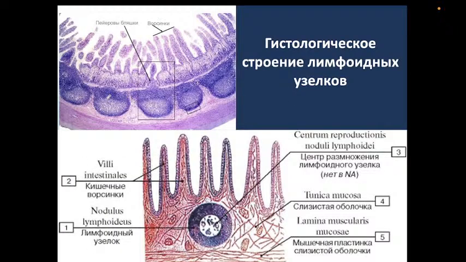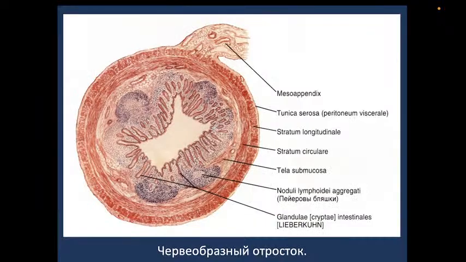And if we take a look at the histological structure, we find the same follicles in the mucosa as we saw in tonsils. That's typical.